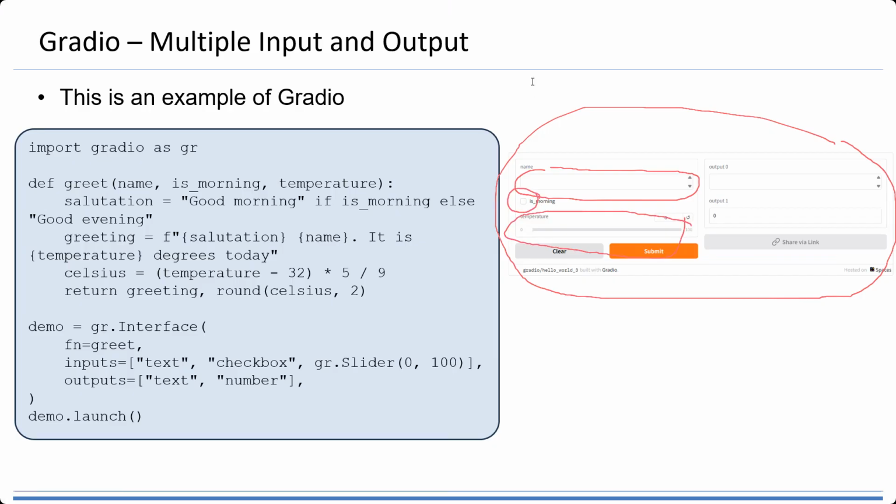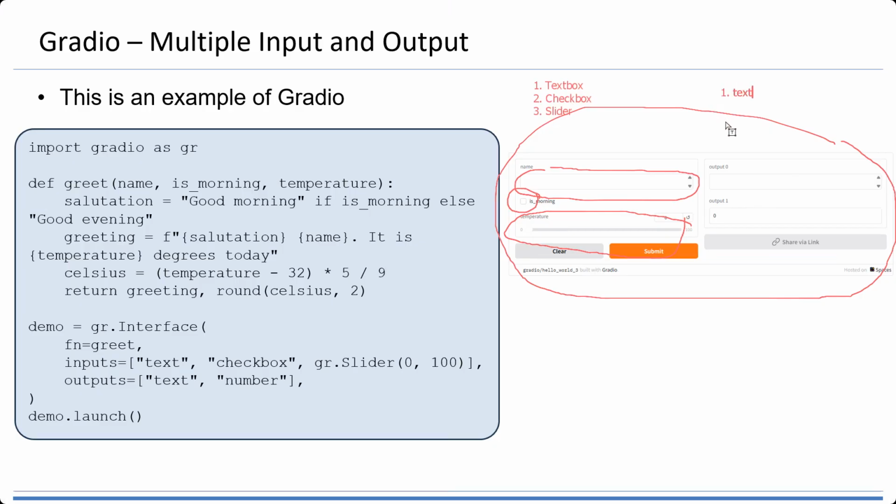In this case, the first input is the text box, the second input is the checkbox, and the third input is the slider. And then if you look at the output, there are two outputs. The first output is text.